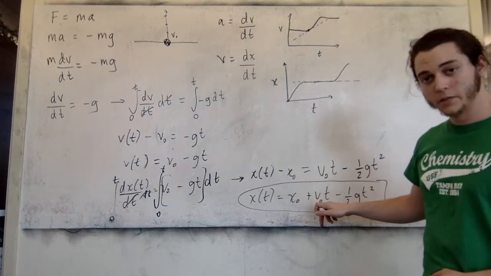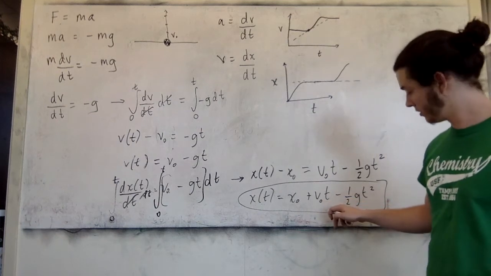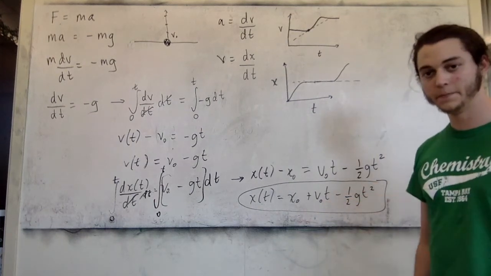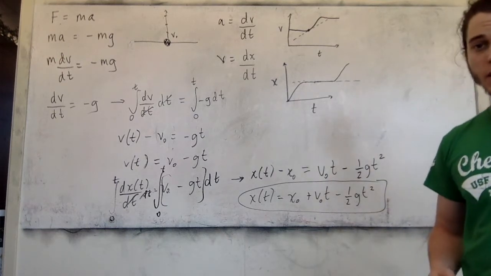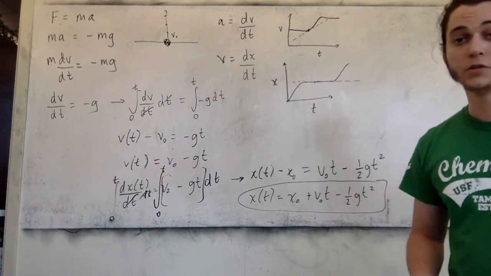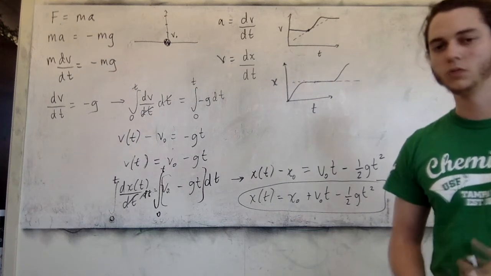The initial velocity that you threw it up by, the time that you're interested in, and the acceleration due to gravity. That's all you have to know. So that is a derivation of Newton's equations of kinematics using Newton's laws. It's pretty straightforward if you just do a little bit of calculus.